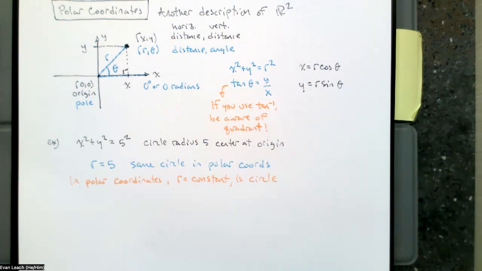So polar coordinates are going to be very good at describing things like circles, because we could just use a constant function to describe a circle. In rectangular coordinates, constant functions describe horizontal and vertical lines.